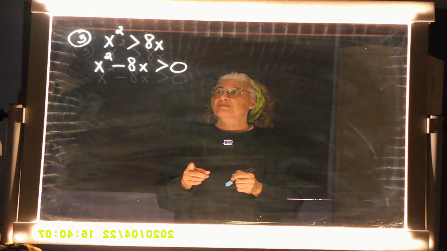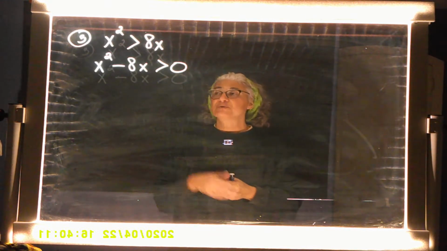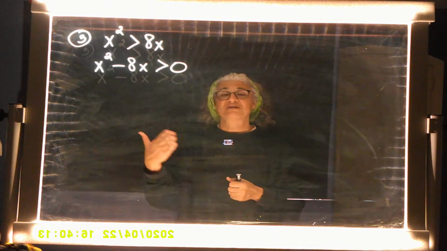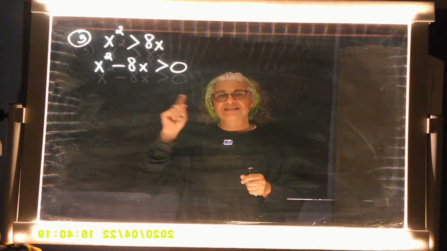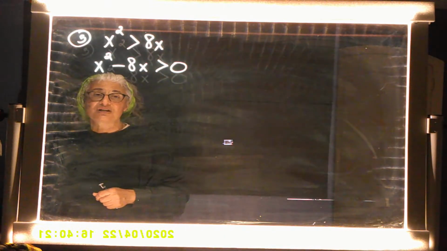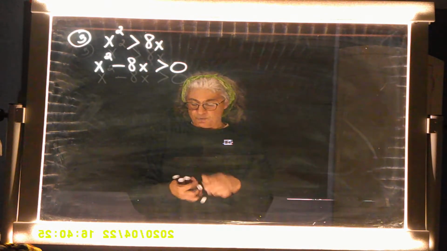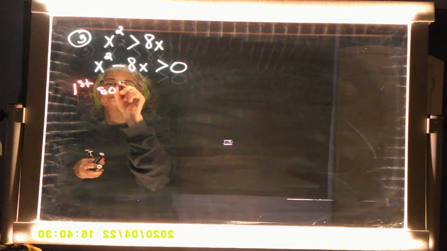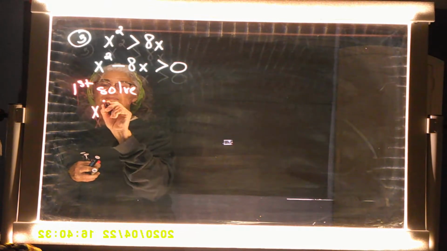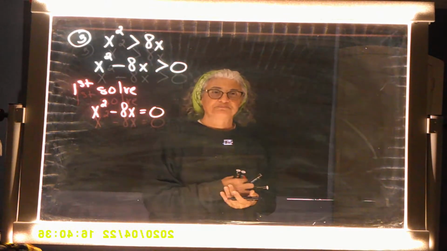Good. But again, here's the challenge. Whenever I solve using the quadratic formula or even factoring, it needs to be equal to 0. No inequality, it needs to be equal. So, just like we did on the last two problems, we are going to first solve with me.